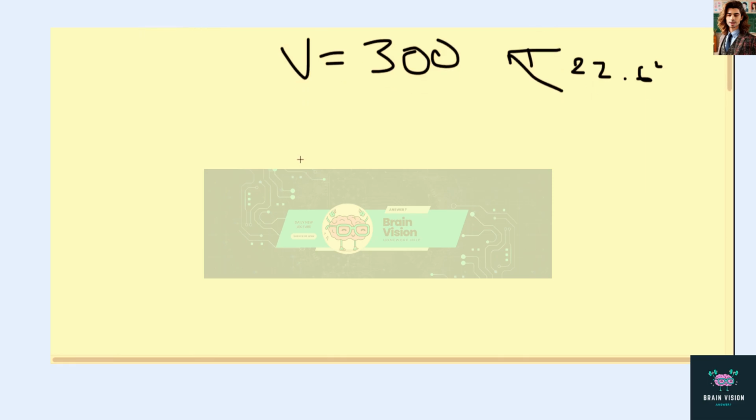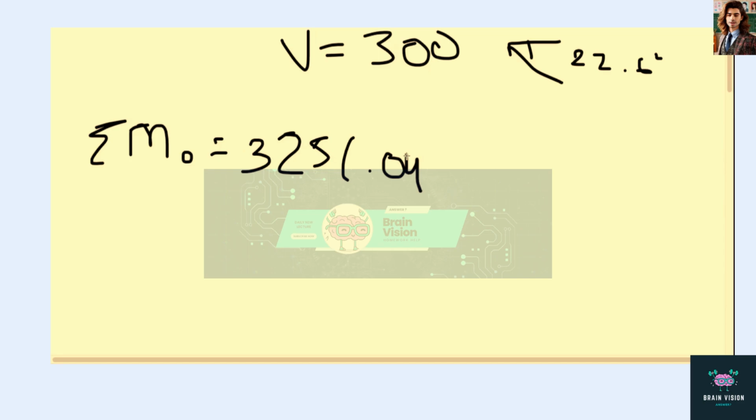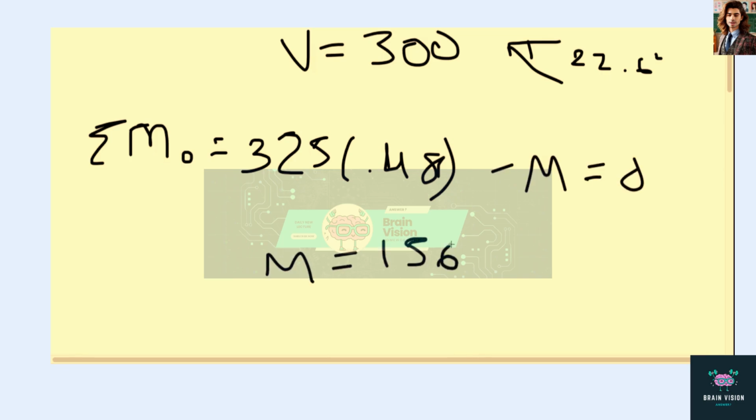So that moment equals 0 equals 325 times 0.48 minus M equals 0. So M equals 156 Newton meters, and we know that that is in the clockwise direction.